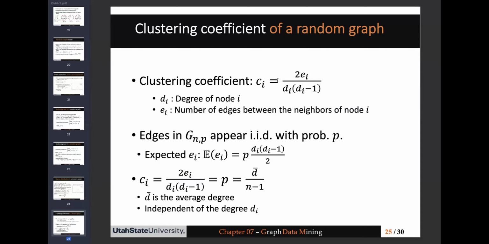This is very different from real networks, as we discussed in the prior slides. So everything here is kind of expected for the random graph example. In fact, there are direct proportionalities between the expected values of different random variables in a random graph, which is not the case for a real network.